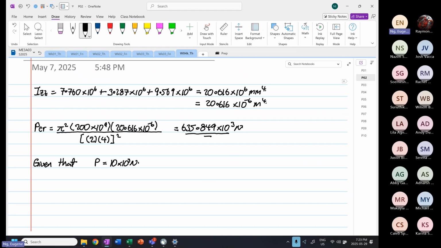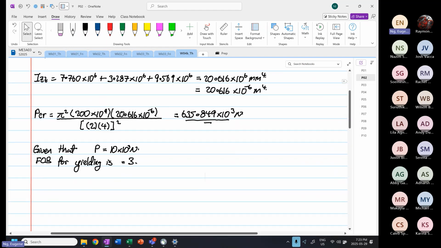That's what we are given. But we are also given that the factor of safety for yielding is equal to 3.